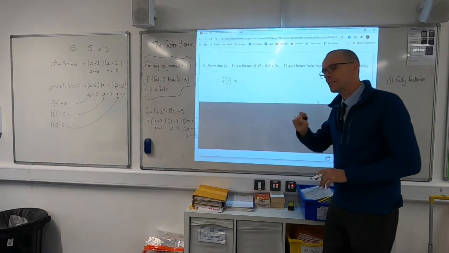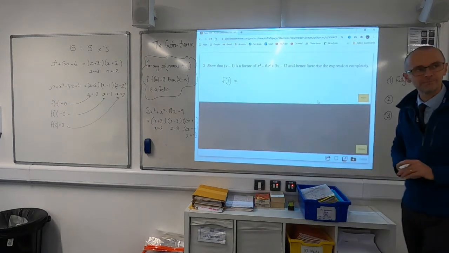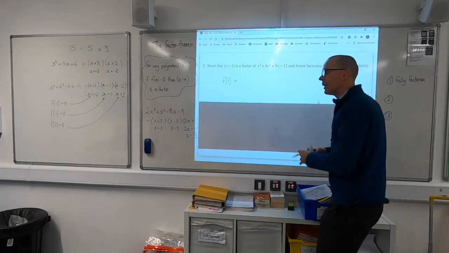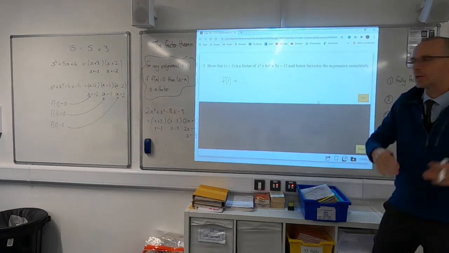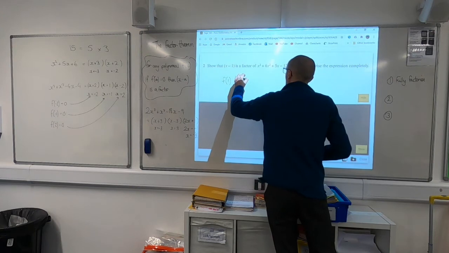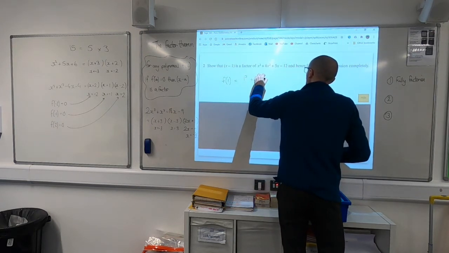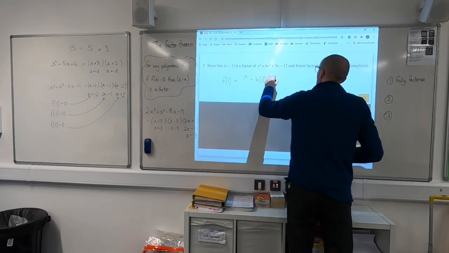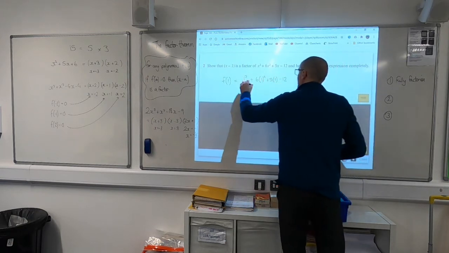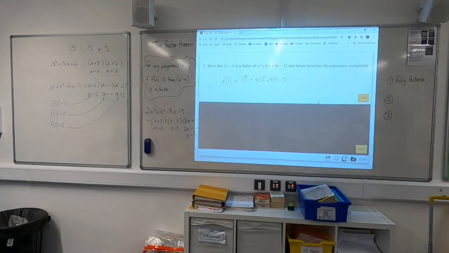So let's check to see if 1 is a value that makes this equal to 0. I'm going to work it out and set this out so I'm showing my method. So I'm going to make x equal to 1. So I'm going to do 1 cubed plus 6 lots of 1 squared plus 5 lots of 1 minus 12. And I might even put the 1 cubed in, so I'm really showing my working in a sort of exaggerated fashion.